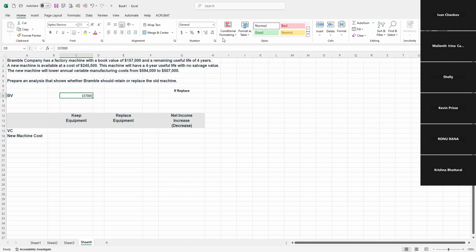The cost of the new machine, which is 245,000, and a useful life of 4 years, okay, with no salvage value.